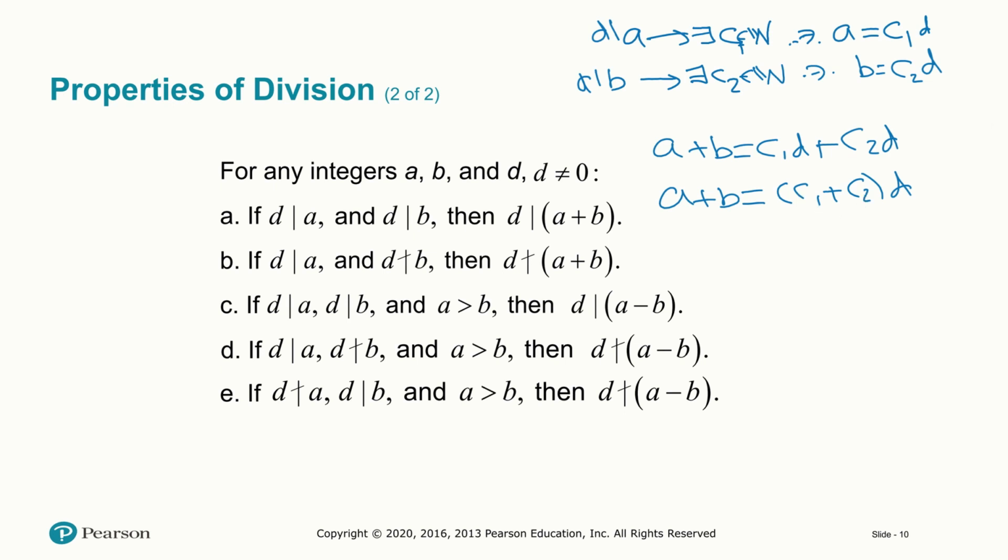So by the closure property of the operation of addition over the set of whole numbers, we know that this is going to be some constant whole number, right? So what does that mean? That means A plus B is some constant times D.